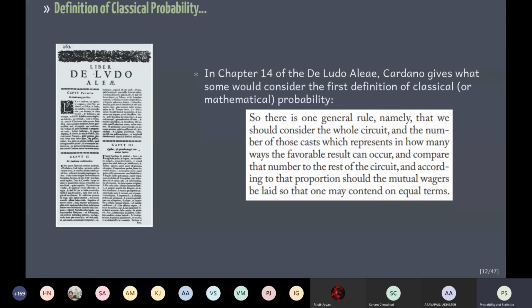So this is an English translated variant of his notes, and what he's trying to say here is, there is one general rule, namely that we should consider the whole circuit. By whole circuit he means the sample space, and the number of those casts which represent in how many ways the favorable result can occur.